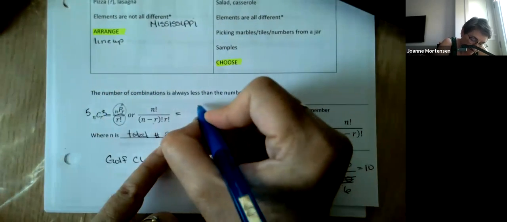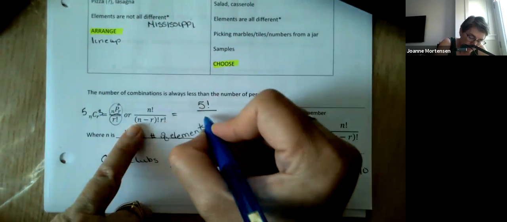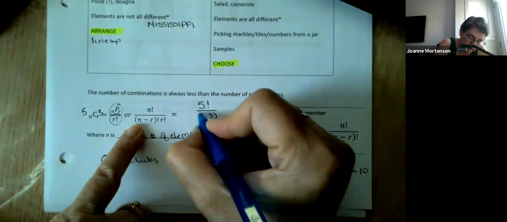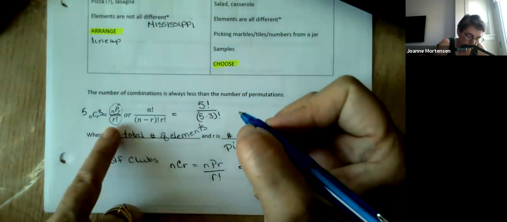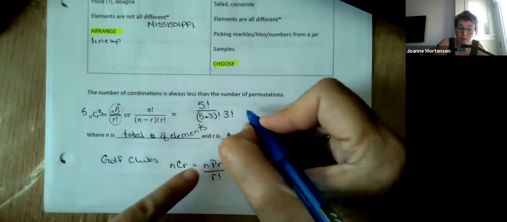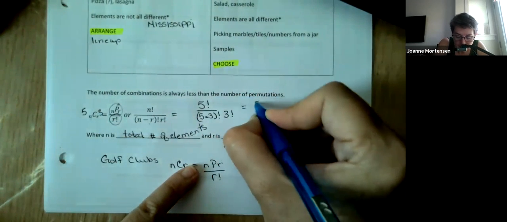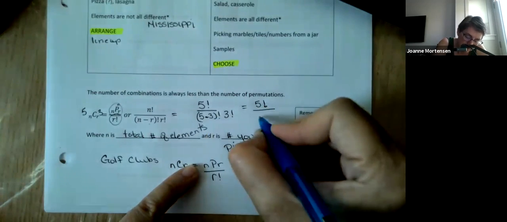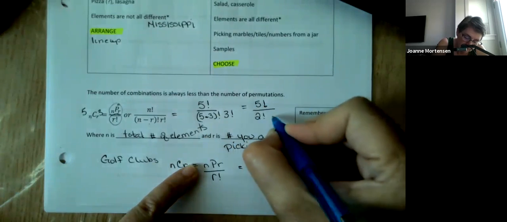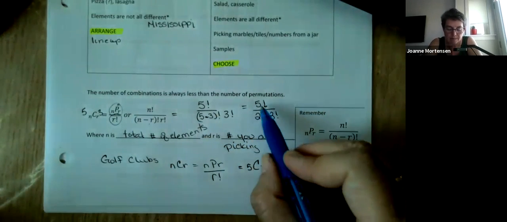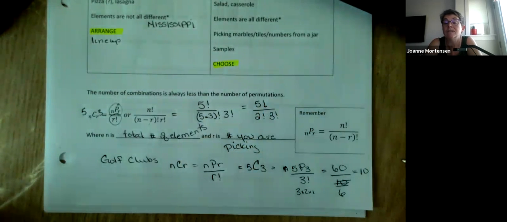That's going to be 5 factorial over (5 minus 3) factorial times 3 factorial. There's a point to this. 5 factorial over 2 factorial times 3 factorial. So these two bottom numbers should always add up to the one on top.